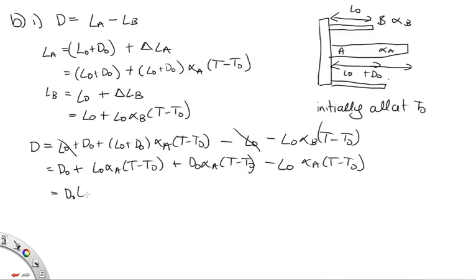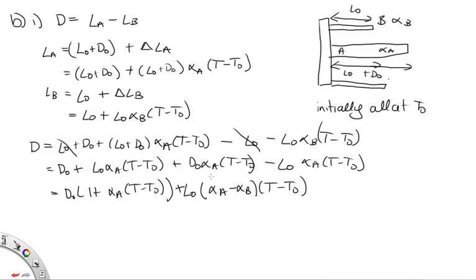So this is D naught (1 plus alpha A (T minus T naught)). And then we'll put the terms with the L naughts together. So this is L naught (alpha A minus alpha B)(T minus T naught). So that's probably the neatest way we can write our answer to this part.